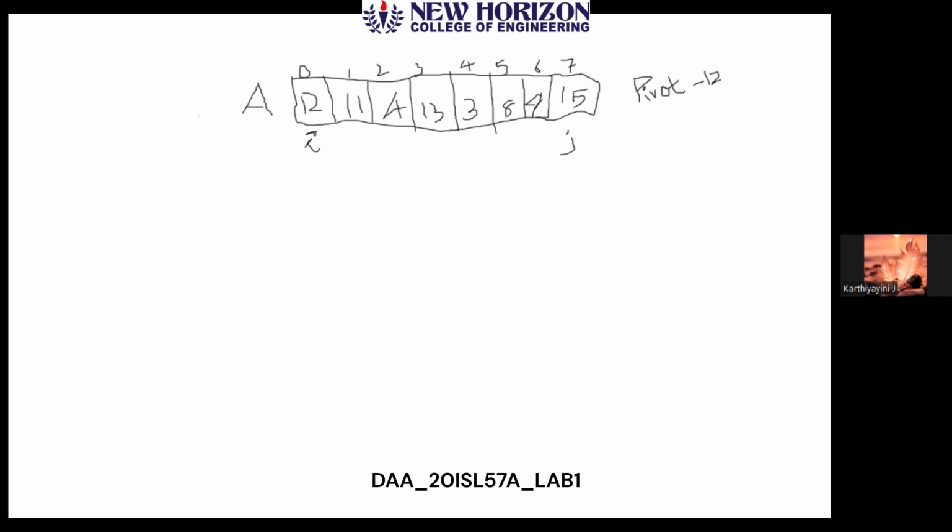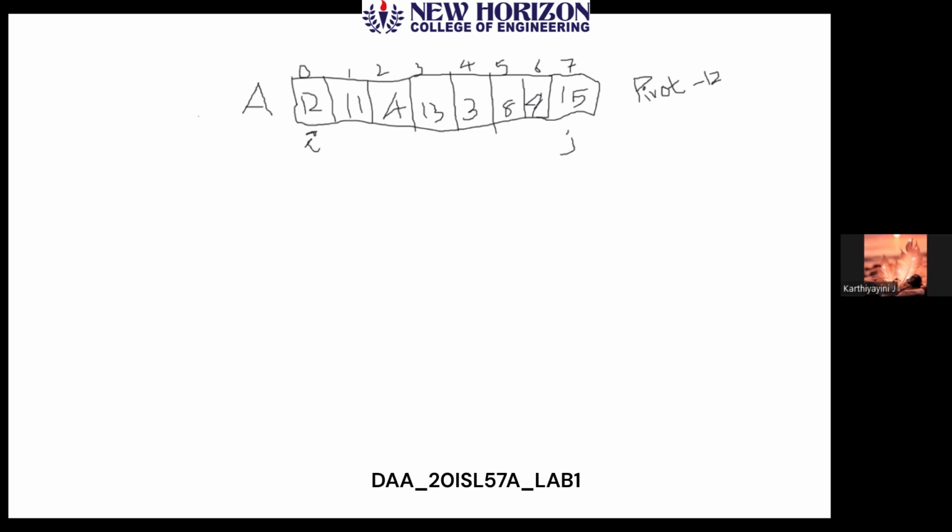If a of i, that element, is greater than or equal to 12, it has to go to the right-hand side of the pivot element after partitioning. If it is less than or equal to the pivot element, it can stay in the same position, on the left-hand side only. So no need to change, just increment i.